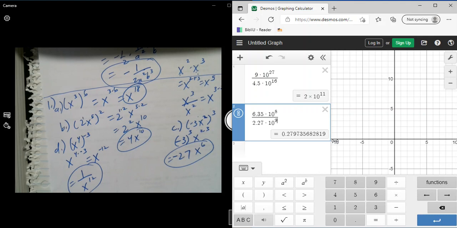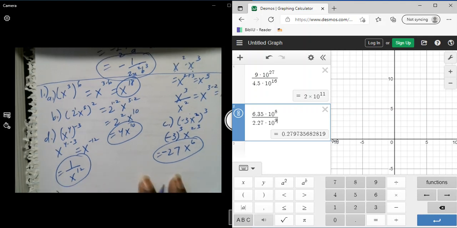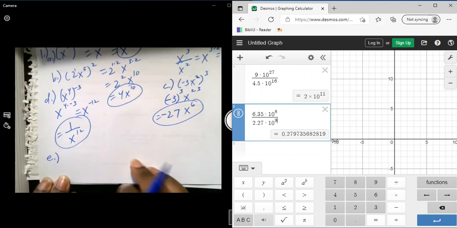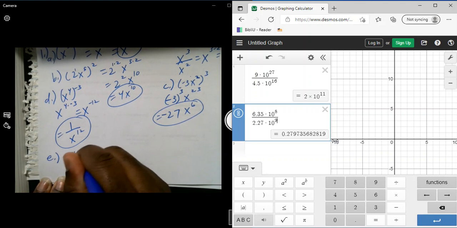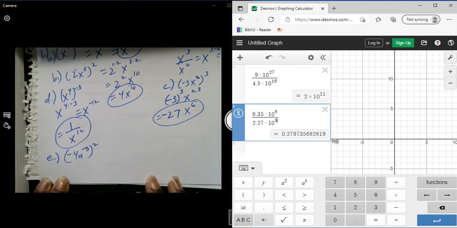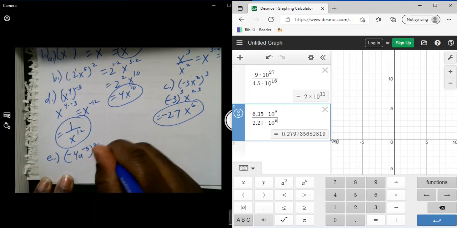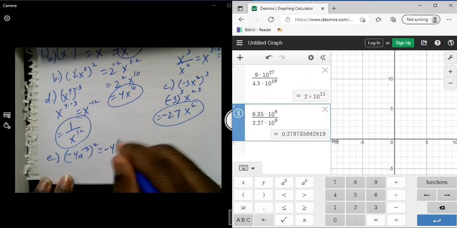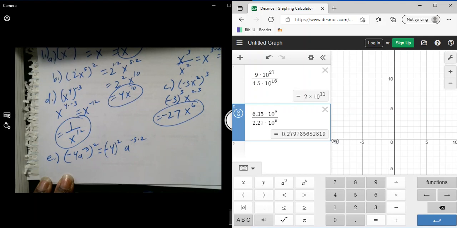Now we come here to E. With E, we have negative 4a to the negative 5, all taken to the second power. So we would take both of these to the second power to be negative 4 squared, put that in a parenthesis, and then it'll be a to the negative 5 times 2.